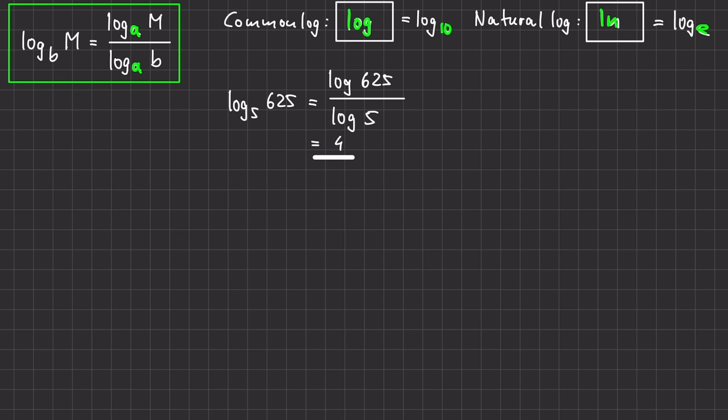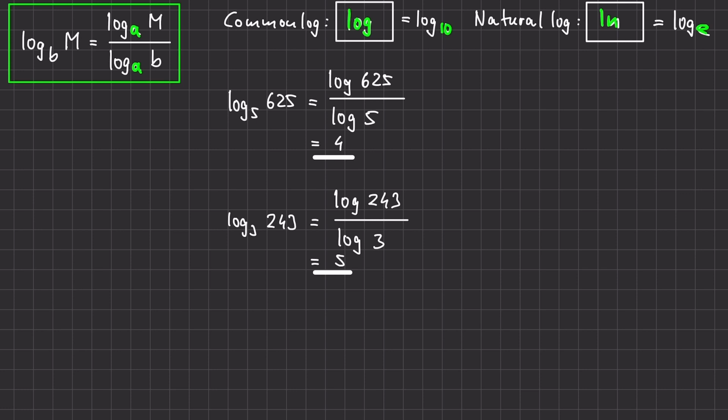Let's do another example using the common logarithm to evaluate log base 3 of 243. Again, we can write log base 3 of 243 as log of 243 over log of 3. So we get 5 and we are done with this problem.